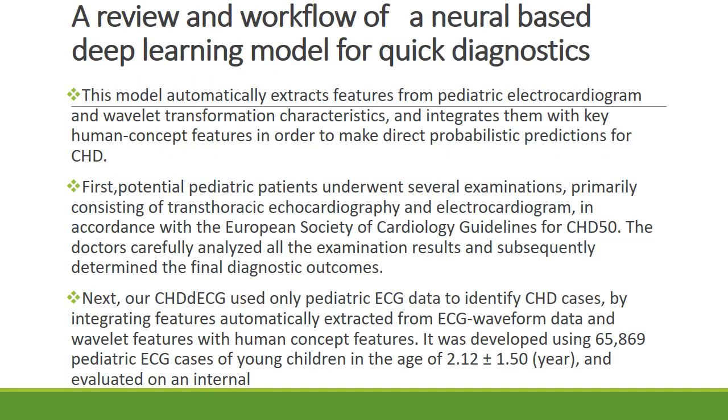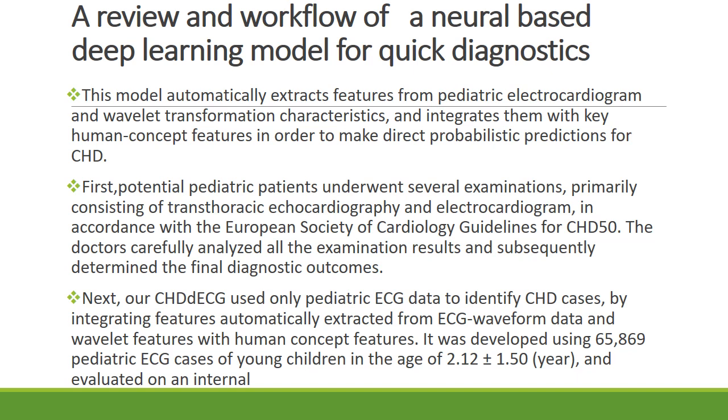So if we review the workflow of the deep learning model, this model extracts features from pediatric electrocardiogram and wavelet transformation techniques, and then integrates them with the key human features in order to make direct probabilistic predictions for congenital heart disease detection.